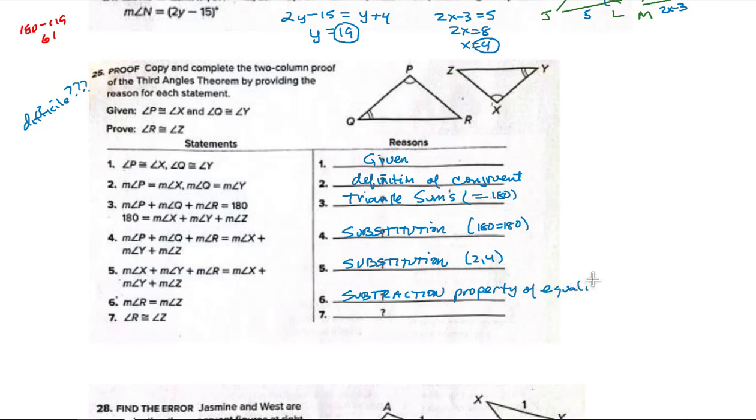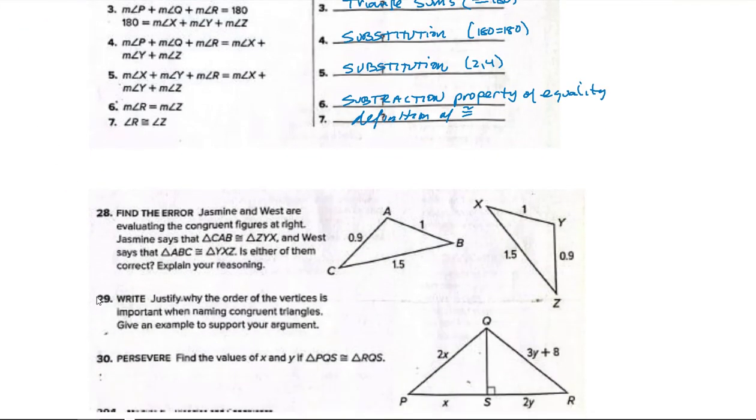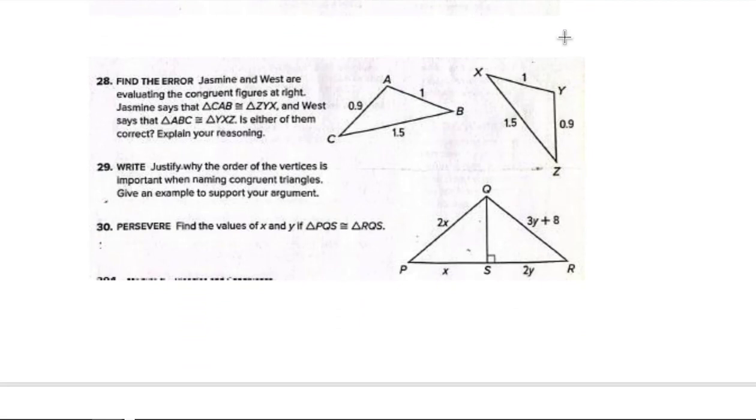And then we can subtract off the equal parts. And we're left with the measure of angle R is equal to the measure of angle Z. And since the measures are equal, we can say that those angles are actually congruent. So there's a short proof of the third angles theorem.